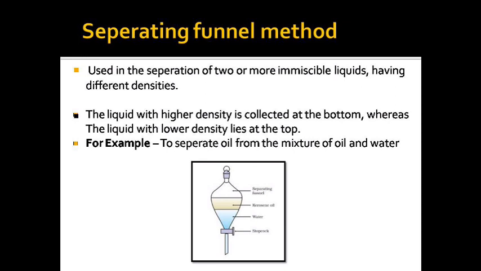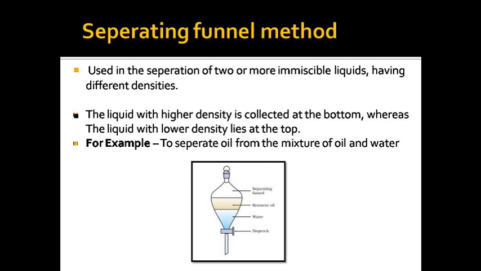The next separating method is the separating funnel method. It is used in the separation of two or more immiscible liquids having different densities. When we pour the mixture of liquids into the apparatus, the liquid with higher density is collected at the bottom, whereas the liquid with lower density lies at the top. If we leave the mixture undisturbed, we can see this clearly.